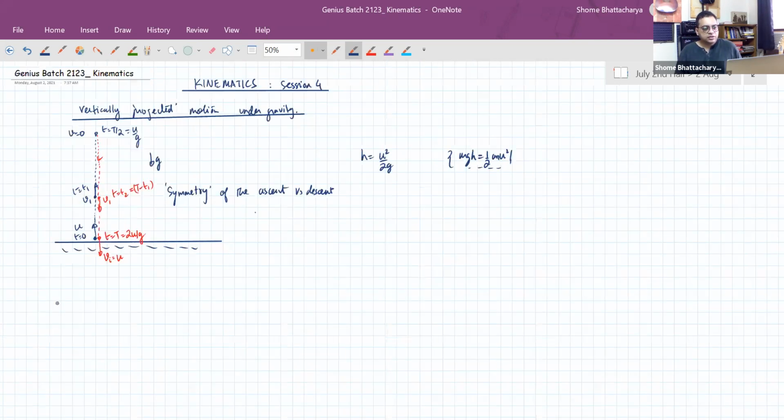So we will look at vertical projection from a height. You can think of this like the next case. We will actually do this case with a direct example.